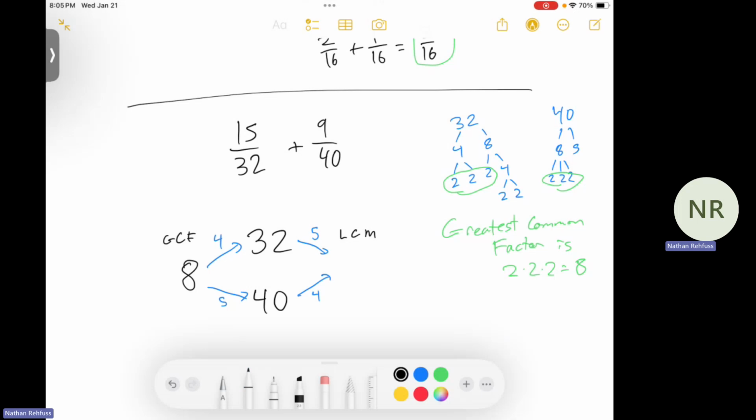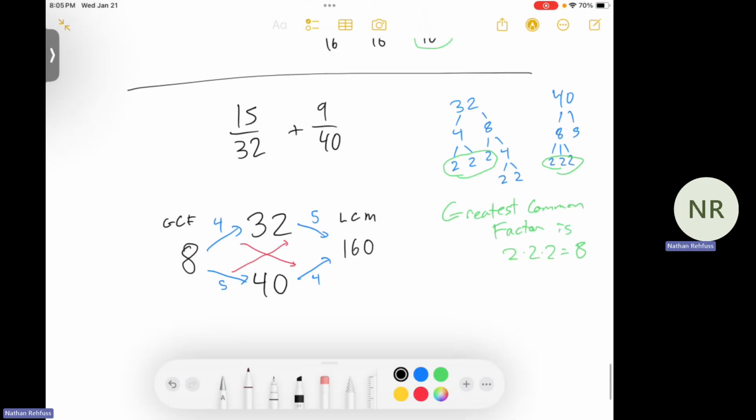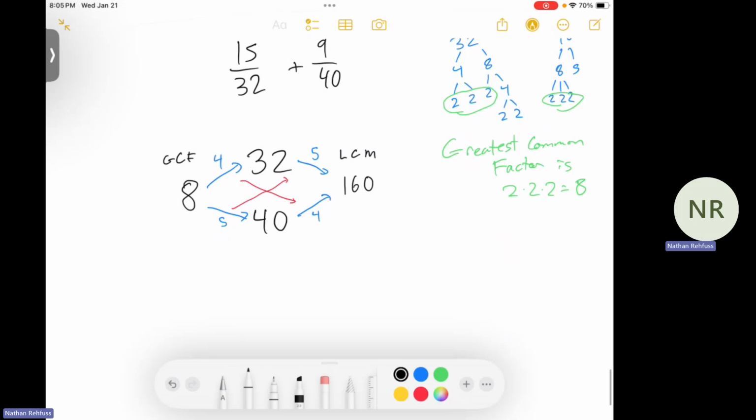So 32 times 5, I don't know that in my head, but 40 times 4 is definitely 160. And it turns out 32 times 5 is 30 times 5 is 150, plus 2 times 5 is 10, that's 160. So you get the same answer either way. What I did was copy the 5 over here and copy the 4 over there. So my least common multiple is 160.